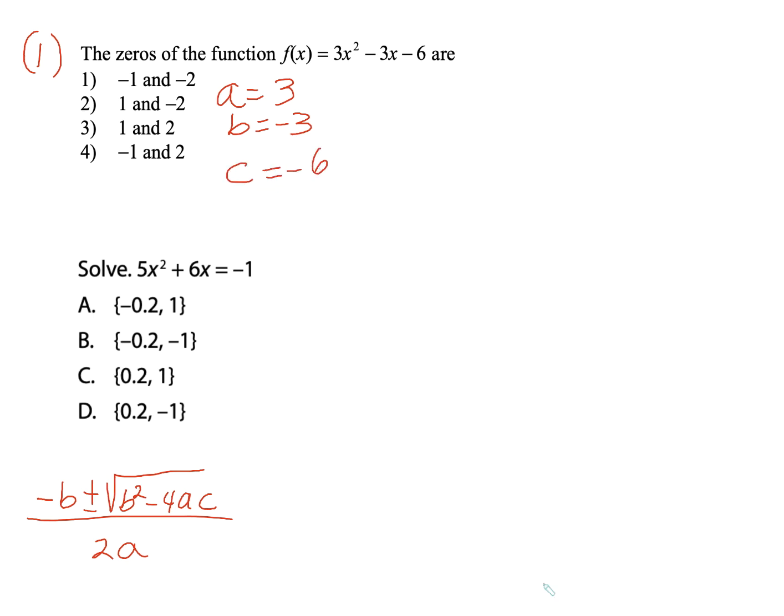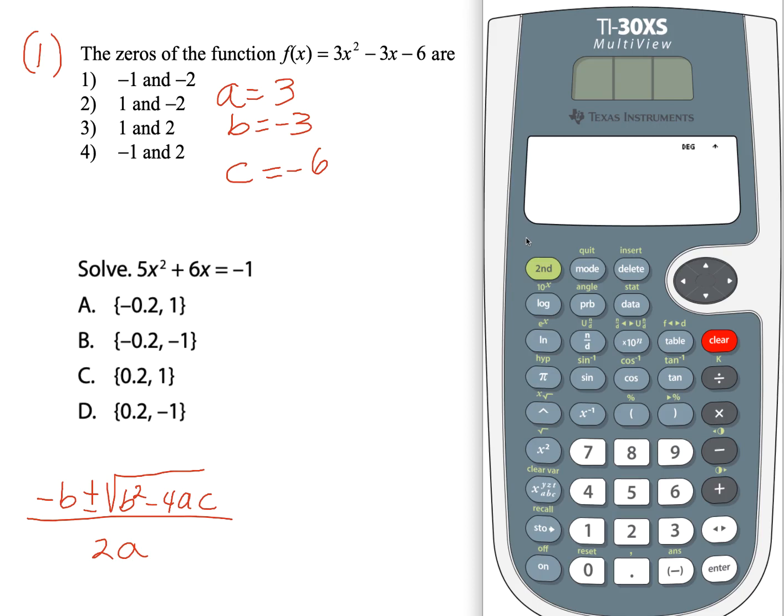Okay, let's get our calculator. It's going to take you a while, but practice makes perfect. If you do this once a day, you remember it by the time you get to your TASC test. So remember the steps. 3, store, and we need our a. So remember, 5 times: 1, 2, 3, 4, 5. And then enter. Okay, we want -3, store.